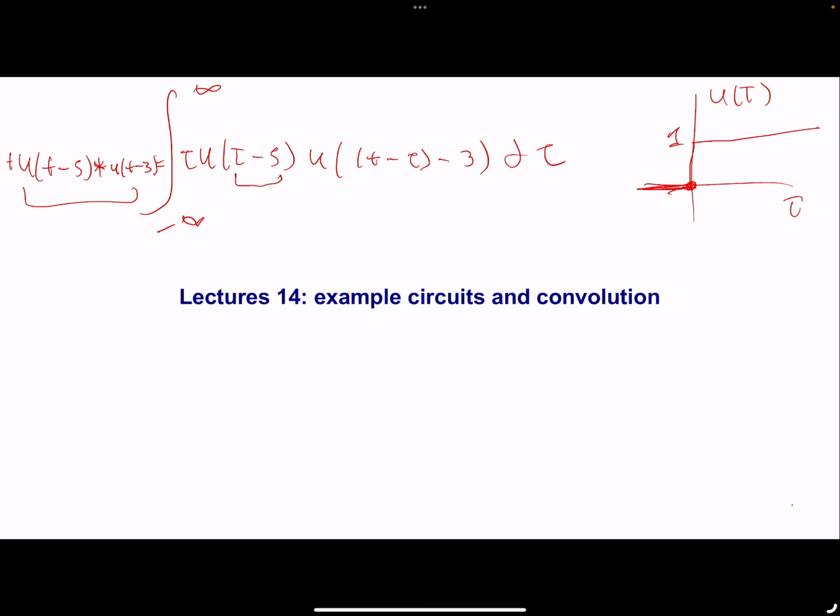In this particular case, because the argument is tau minus 5, that means that whenever tau minus 5 is less than 0, u of tau minus 5 will be equal to 0. And whenever tau minus 5 is greater than 0, u of tau minus 5 will be equal to 1.